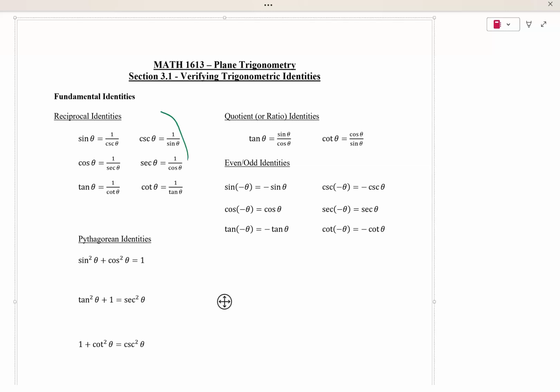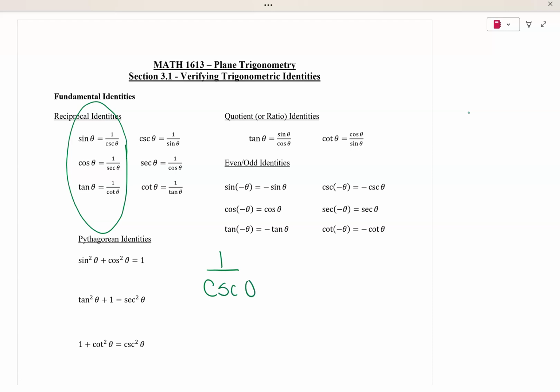I'm going to talk about these first because we know that cosecant is the reciprocal of sine, secant is the reciprocal of cosine, and cotan is the reciprocal of tan. But I want you to notice, if you look at these reciprocal identities here, sine can actually be written as this, because that is 1 over cosecant, and then we multiply by the reciprocal, and notice we get sine.